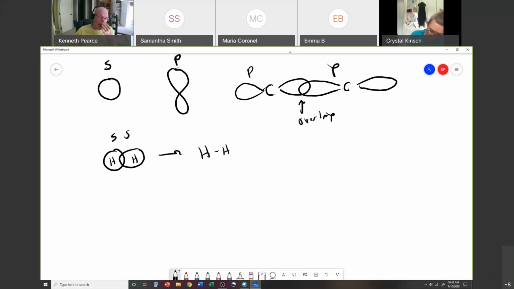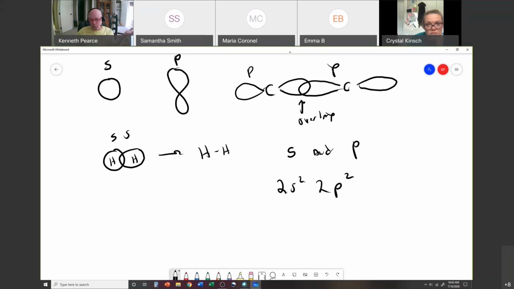Now, the problem arises like this, particularly with carbon. Carbon, if you look, you would expect to have an s orbital, an s level and a p, s's and p's. Because if you look, carbon is 2s2, 2p2.